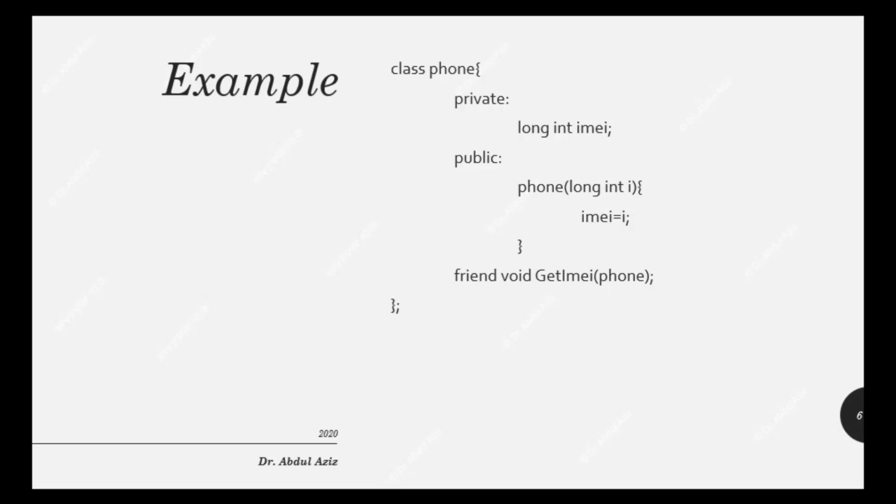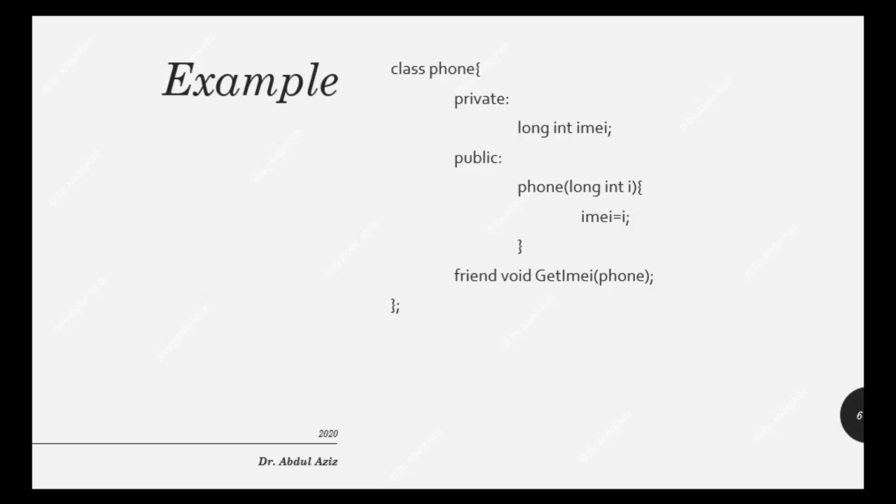So we have performed the first rule, that is we have declared a friend function within a class, and rule number 2 is to pass the object. So rule number 2 is also satisfied, that we have passed an object of phone to this particular function.